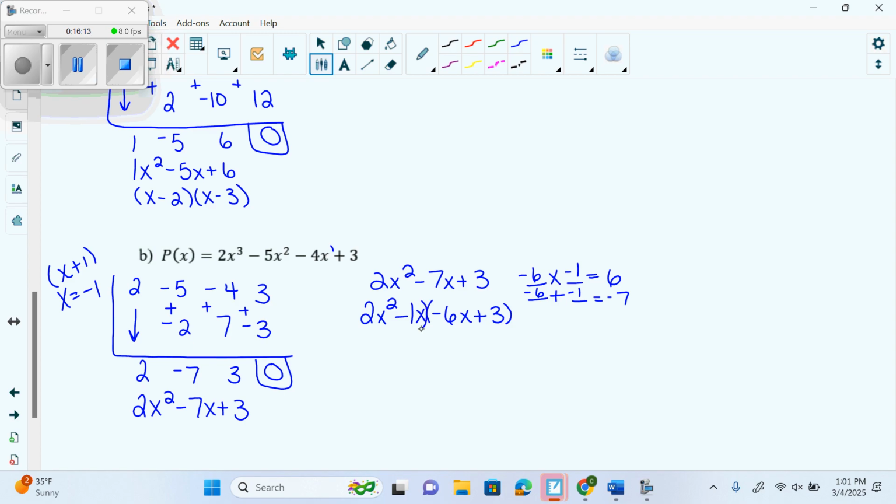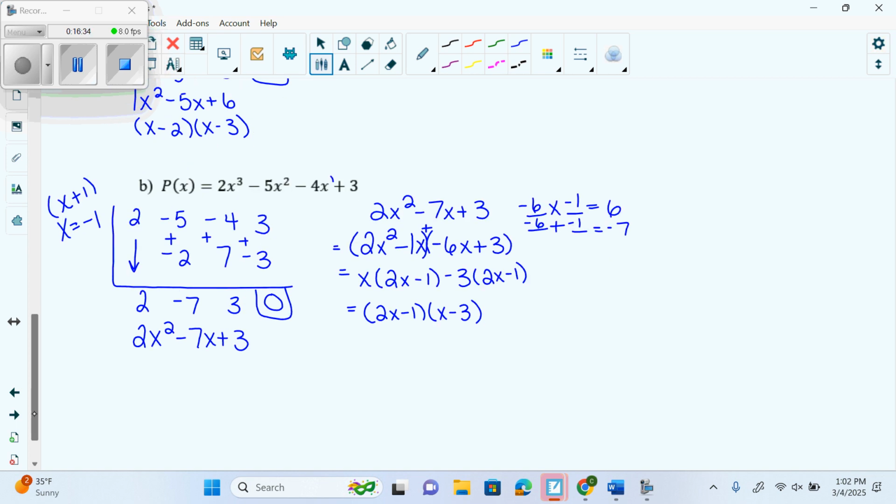True? If you have your touching, then it needs to be a plus sign between, so I put that there. And I get x bracket 2x minus 1. We go to -3 and I get 2x minus 1. So my factors are 2x minus 1 and x minus 3. And then the logic will say those are the only two factors. What do you have to remember? This one.